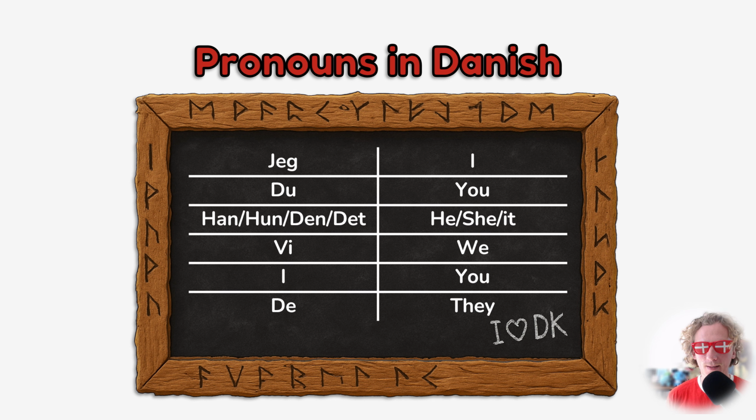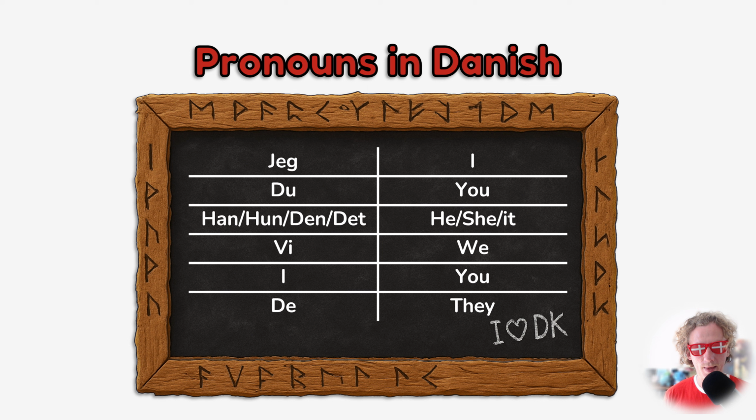But in general, if it's en word, for example, en kat means a cat, then we would use den to describe it as a subject. So den kat, katten. Okay. Vi means we, I means you as a group, and de means they.